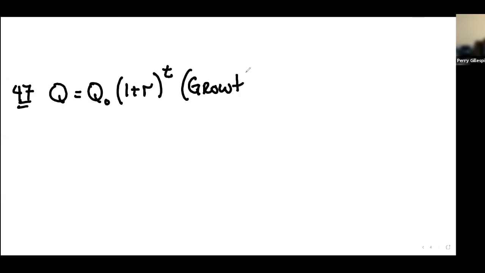So again, we're going back to the formula we've just been dealing with, our exponential either growth or decay. Because this thing is growing, ladies and gentlemen, this becomes plus. If it is decaying, we will subtract R. So again, this is our growth function.